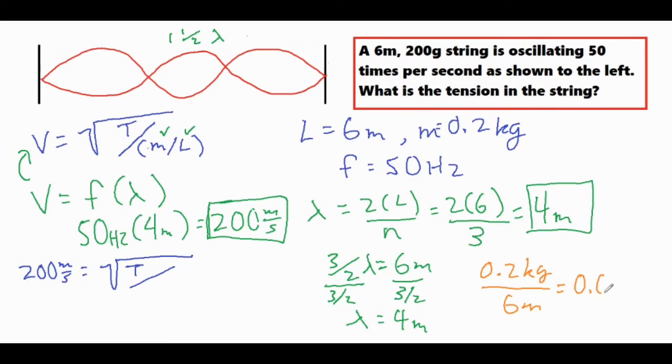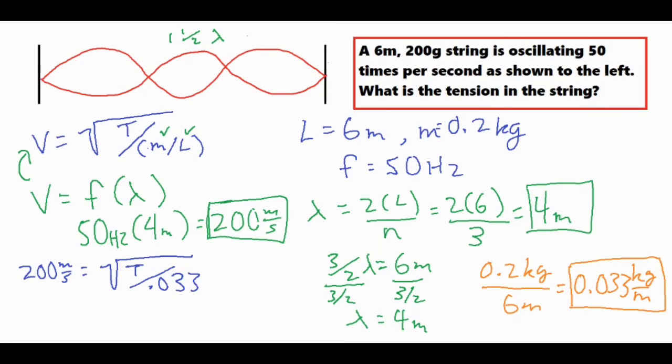And that gives us 0.033 kilograms per meter. So that's our mass over our length, which is our linear density. So we can go ahead and put that 0.033 in there.